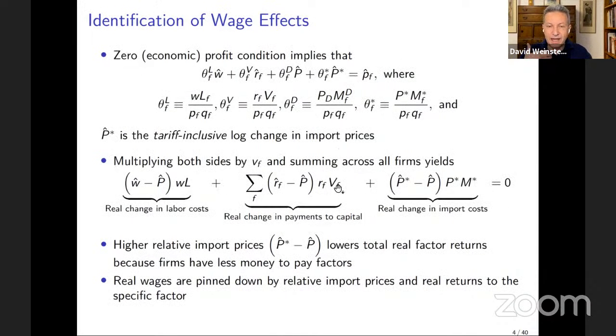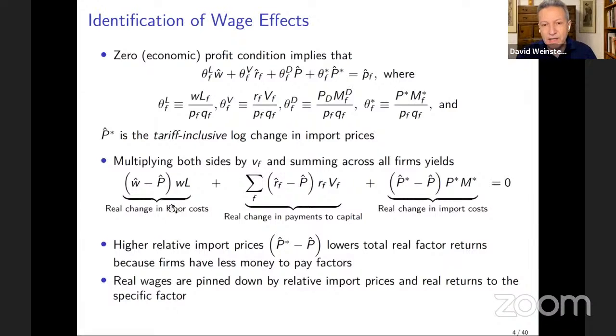So if we take this equation at the top of the slide and multiply it by V_F, which are those expenditure share terms, and sum across all firms, we get rid of this firm-level price, and it gets replaced with the overall price index. And then if we do a little bit of algebraic manipulation, we end up with this basic equation down here.